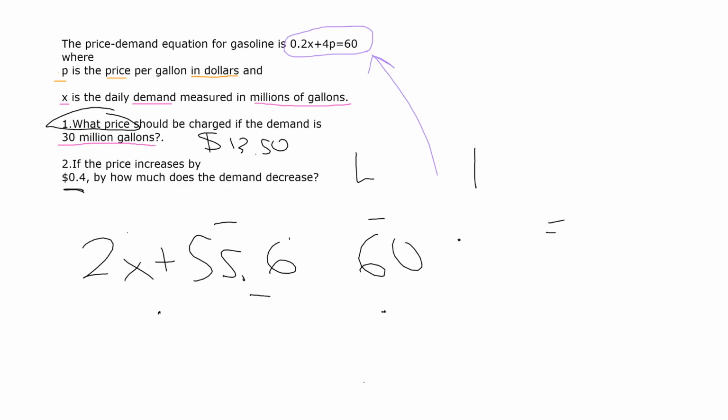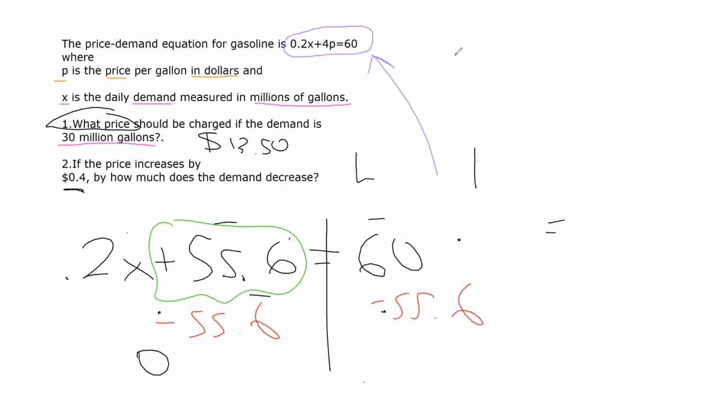All right, 0.2x plus 55.6 equals 60. So once again, I look for the easy things to get rid of. This is positive 55.6. The opposite of positive 55.6 is negative 55.6. That's an easy thing I can do.